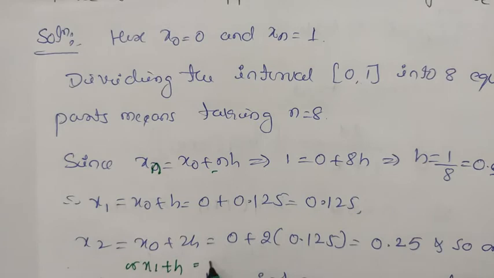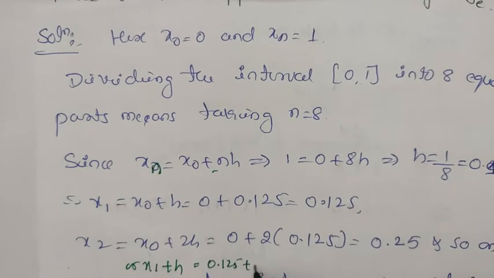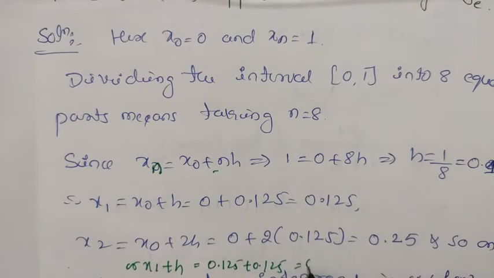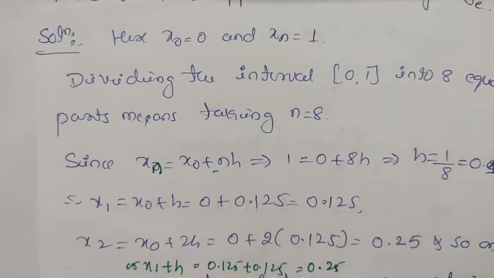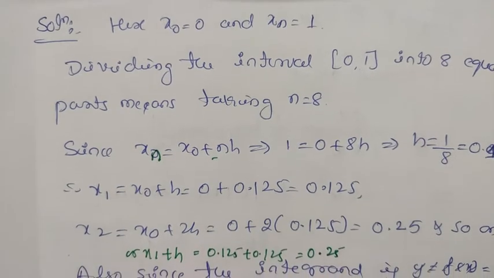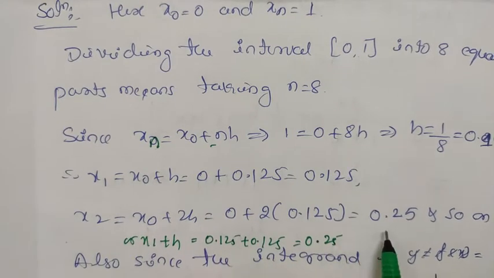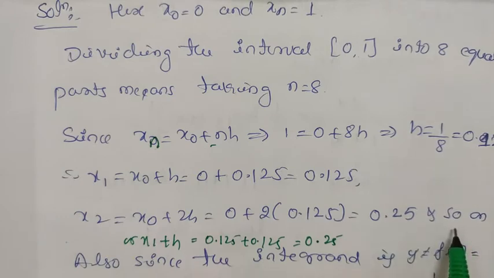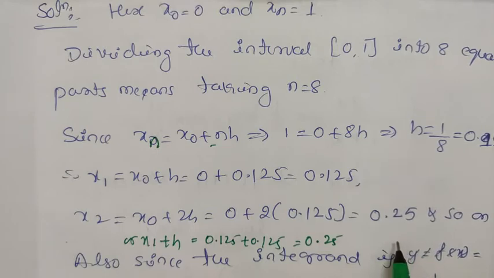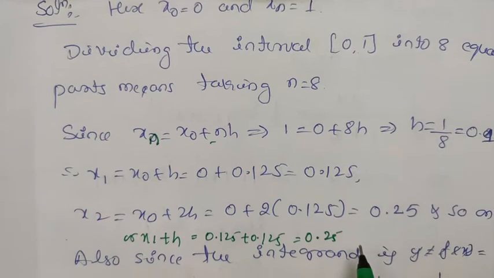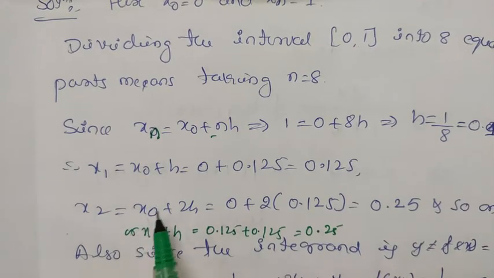So x1 plus h is 0.125 plus 0.125, which equals 0.25, and so on. Similarly, you have to find x3, which is x2 plus h, that is 0.25 plus 0.125, and so on up to 1.